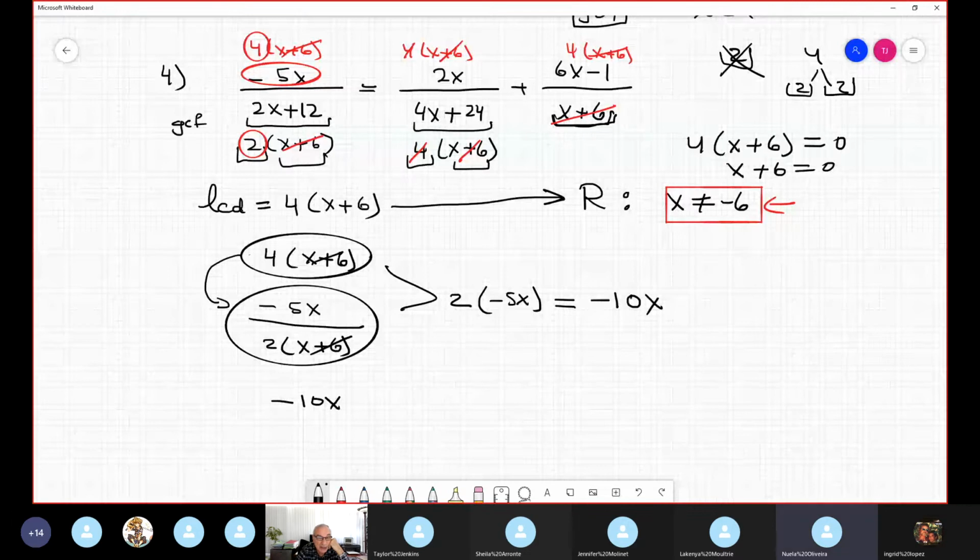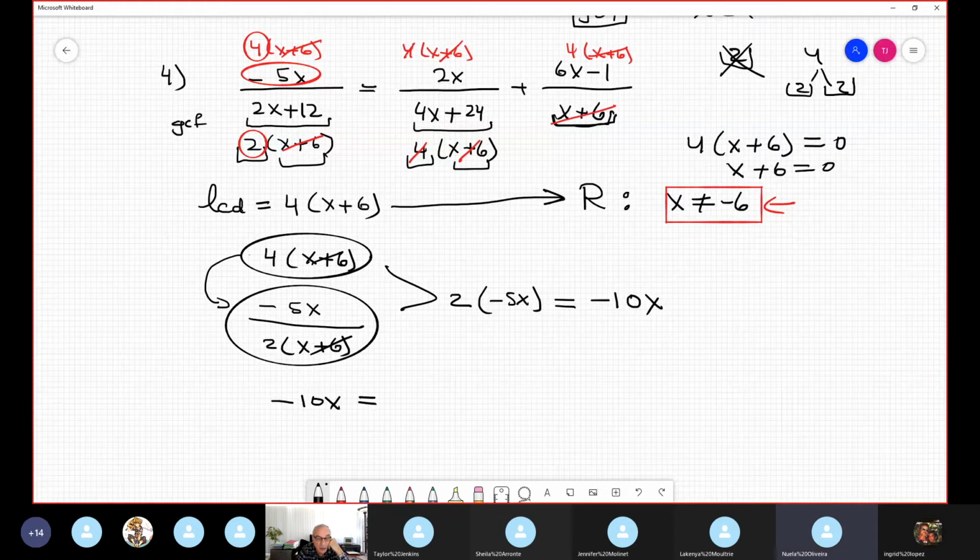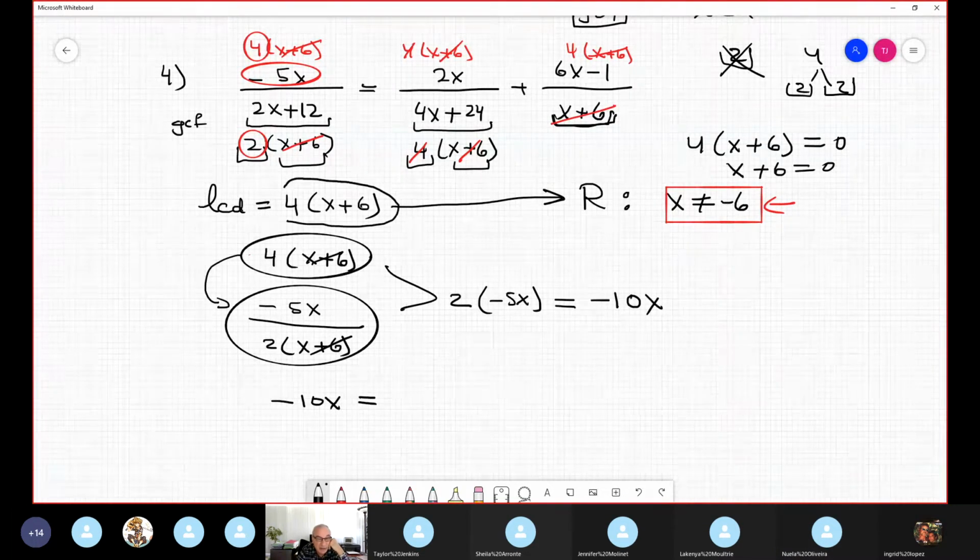I suppose that the second I do. What is the 4? What is the 4? Look at that. The LCD. My LCD was 4 parenthesis x plus 6. Yes, Professor, but when we eliminate just the x plus 6. Say again, I don't understand. The echo doesn't help.